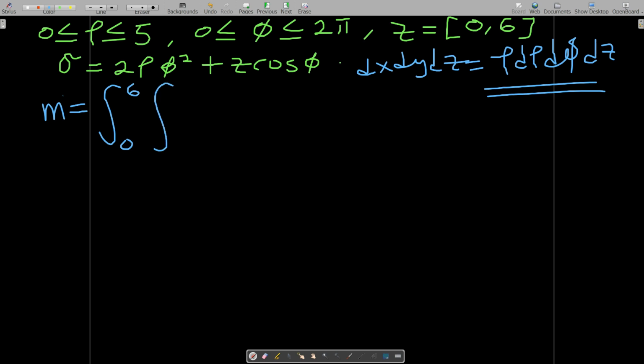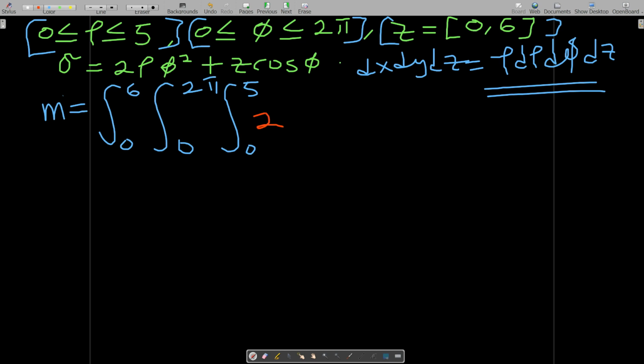Phi is what? 0 to 2 pi, okay. And the next one is rho. Rho is 0 to what? 5. Everything was given in the question. This is rho, this is phi, and this is z, okay. So now with this, our lambda is what?